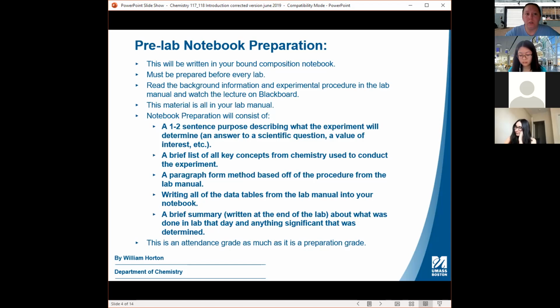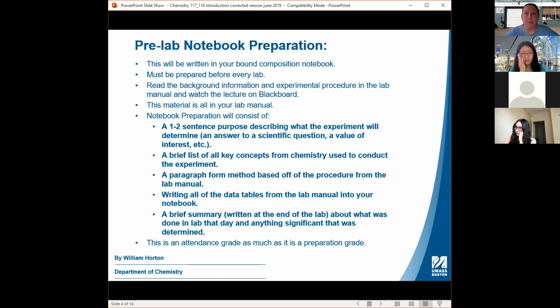What will be in the pre-lab? You should have a 1 to 2 sentence purpose describing the purpose of the experiment. For instance, today we are doing the limiting reagent experiment.